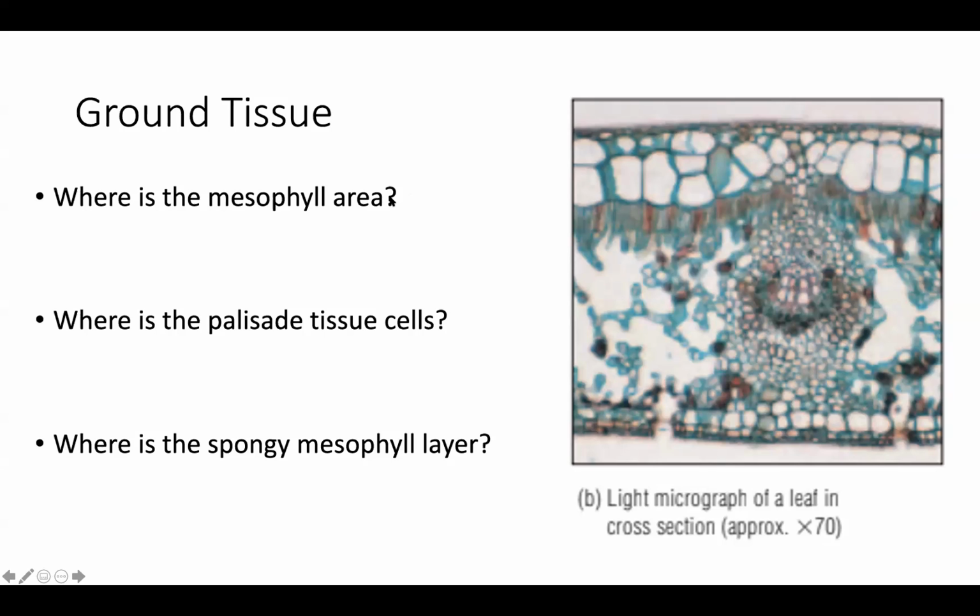So in reference to what we talked about last slide, where is the mesophyll area? Where is the spongy mesophyll layer? And where are the palisade tissue cells? And this is the top of the leaf up here.